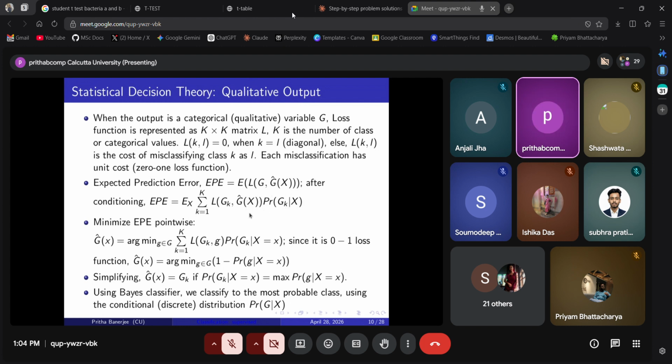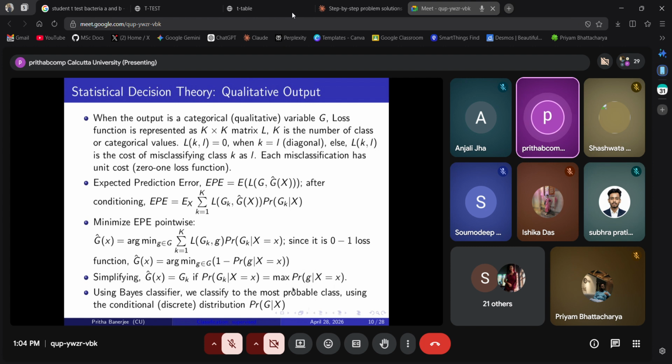The result you get is that, given a particular input X, you see the probability of X being in class 1, X being in class 2, X being in class 3.